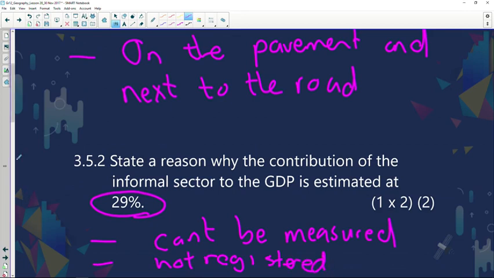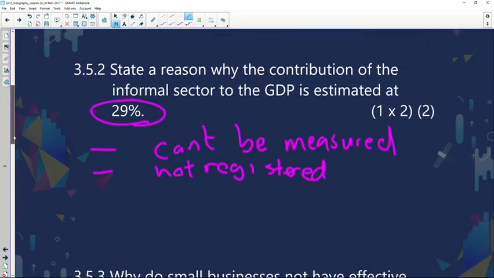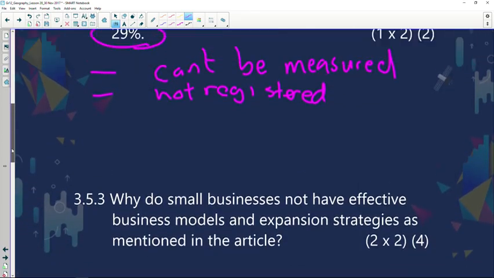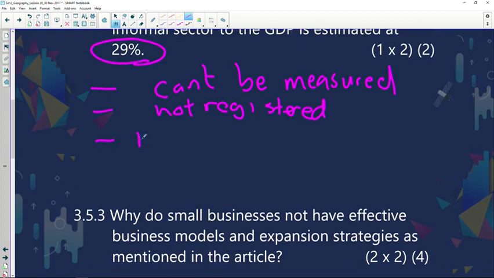And there's no legal registration. Taking place in the informal sector.